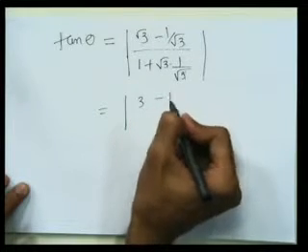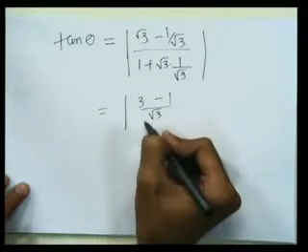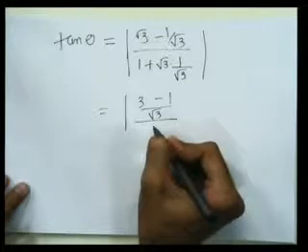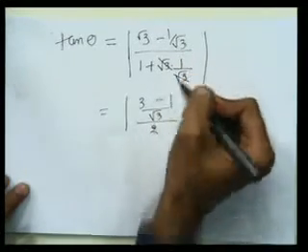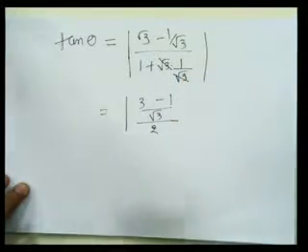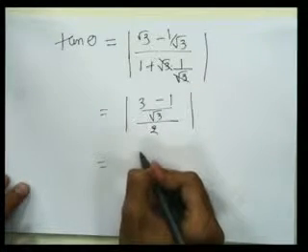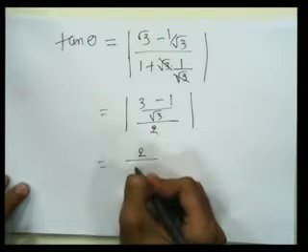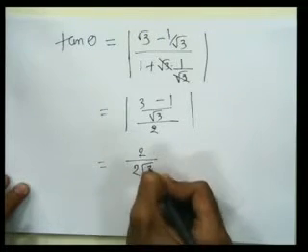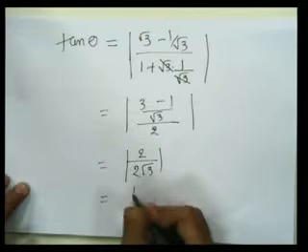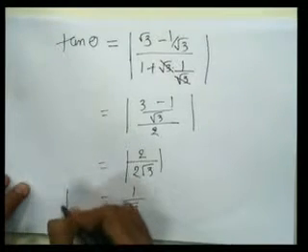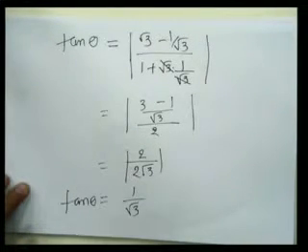So here we will get 3 minus 1 upon root 3 upon, this root 3 cancels, so this is 2. So we will get 2 upon 2 root 3, which is equal to 1 upon root 3, that is tan theta.